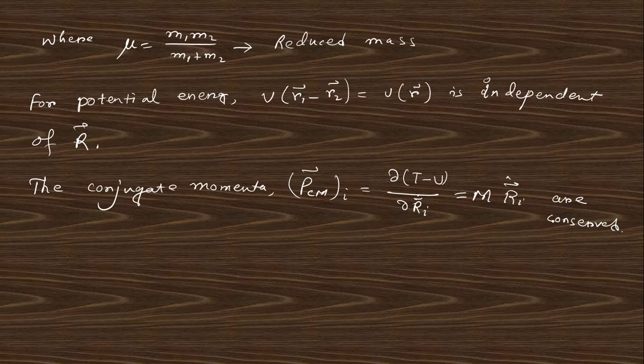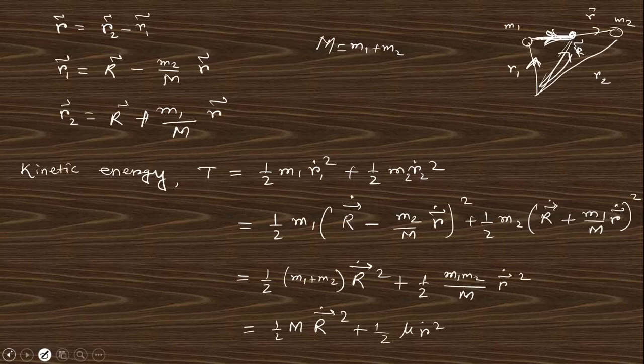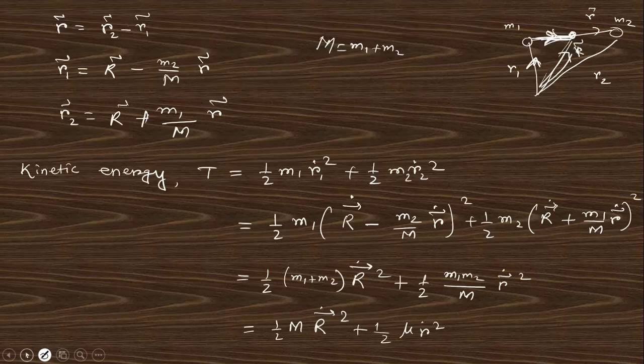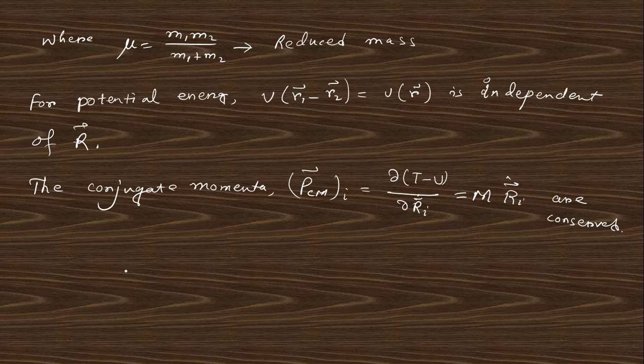So I think it is clear: the two-body problem can be represented as a single-body problem with this kinetic energy and potential energy, and the two masses of the two-body problem can be treated as a single mass, that is the reduced mass.